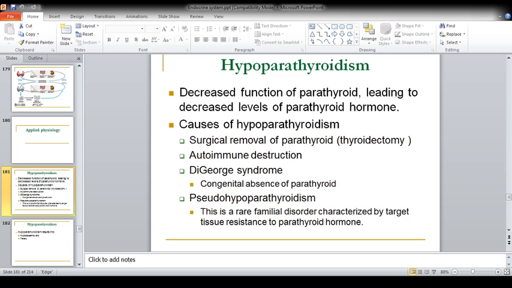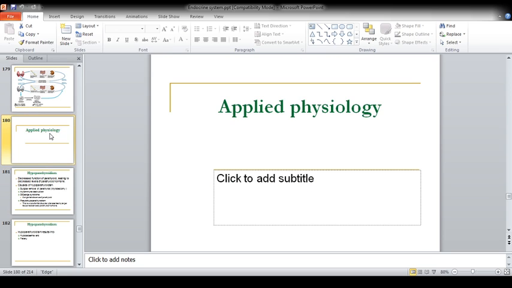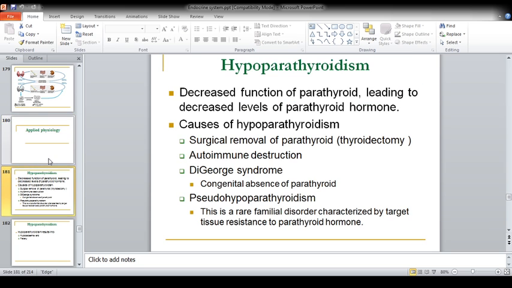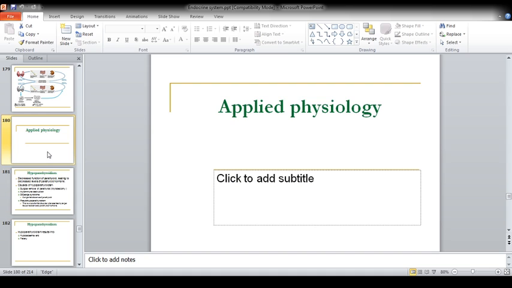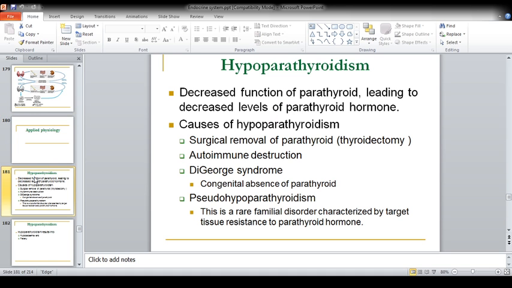Okay, so let's talk about some problems that may arise due to increased or decreased hormones which regulate the calcium. So the condition that we're going to study is known as hypoparathyroidism, that is decreased secretion of the parathormone or the parathyroid hormone from the parathyroid gland.